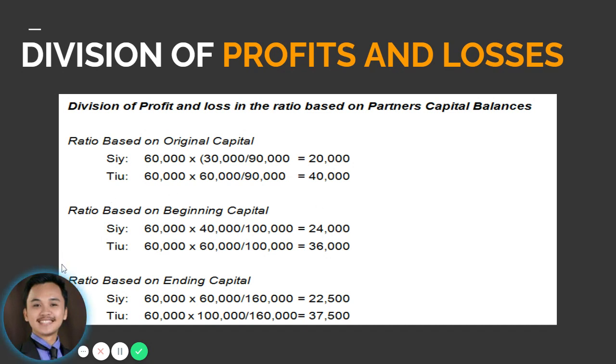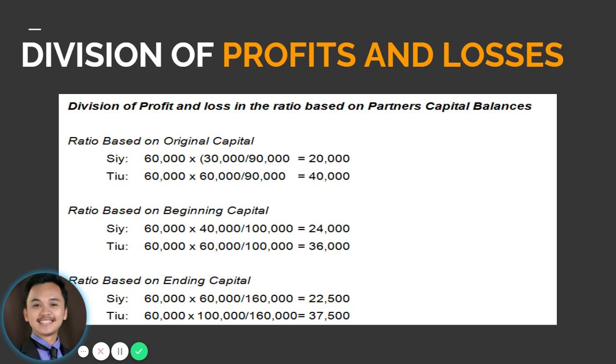They could actually opt also to divide partnership net income based on the beginning capital. As mentioned earlier, original capital and beginning capital are different. So based on the illustration, the beginning capital of C and Chu are 40,000 and 60,000 respectively. So it's the same process as with original capital. You just create a fraction for C and Chu.